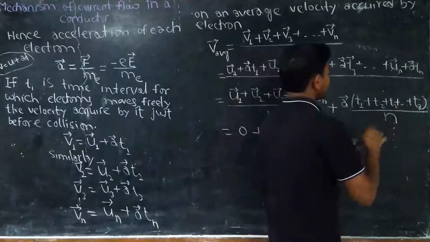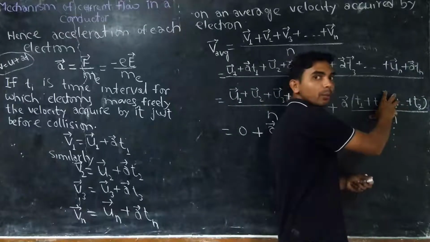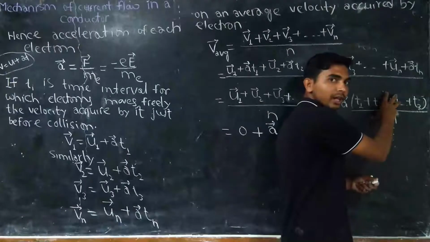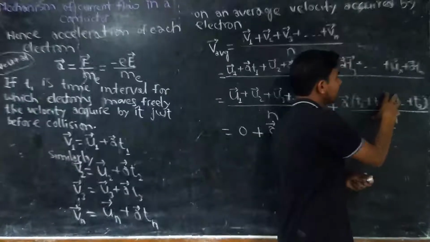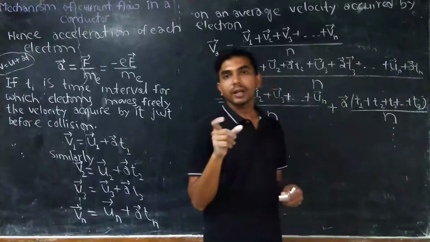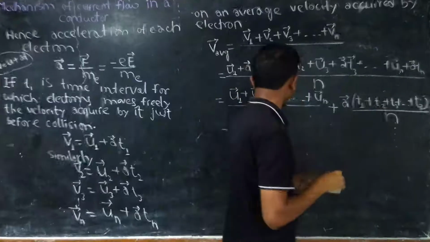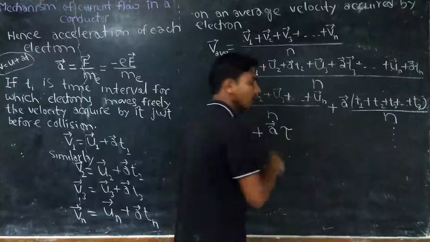This is the average time of collision, and this is known as relaxation time, represented by tau.